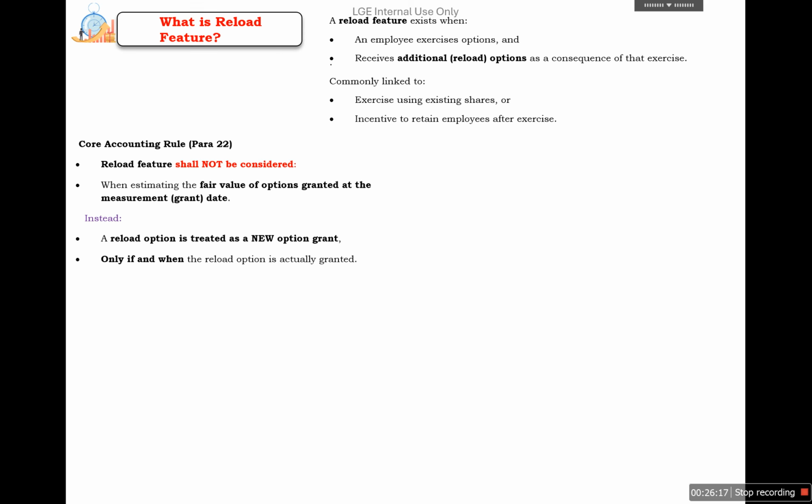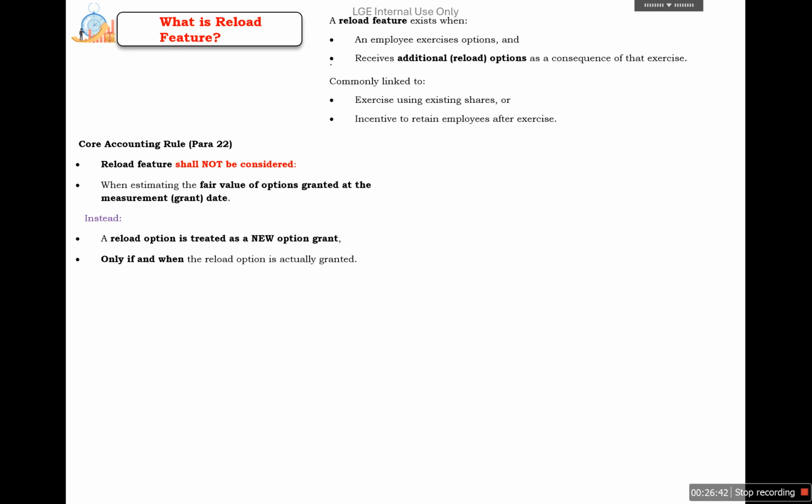For example, there is a condition to remain in service for 5 years, and after 5 years, you are also eligible for the reload feature, additional options. So additional options will be booked at the time when the employee is eligible after 5 years.